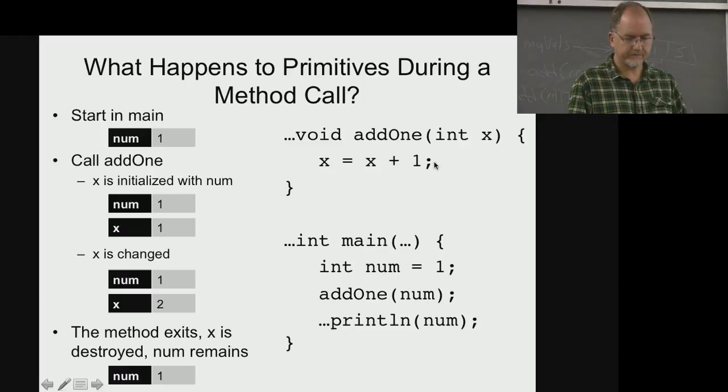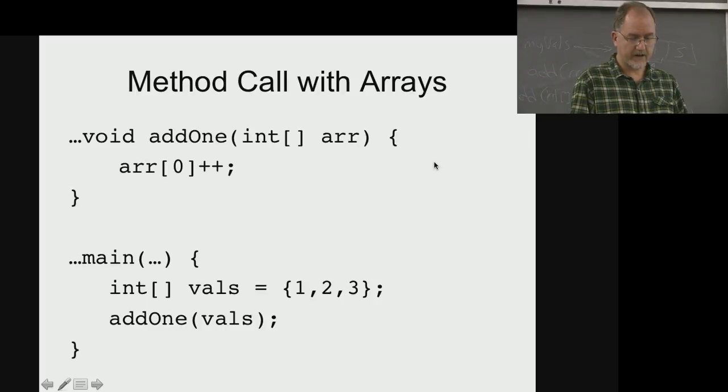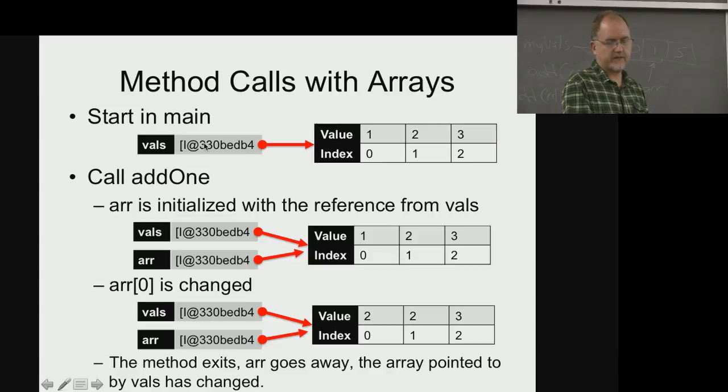Now, if I do something with an array instead, I have vals that references an array. I pass that vals to my method where there's a new r parameter. The value stored in vals, which is this memory location, gets copied to the r parameter. And that means they're both looking at the same object, right?